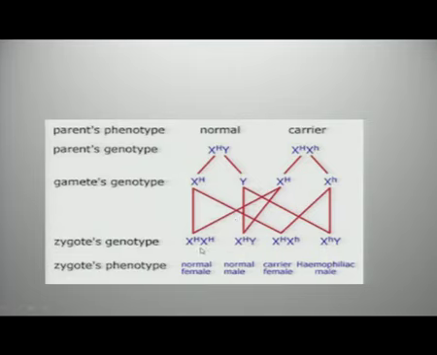One will be normal with both X chromosomes having the normal allele capital H. This will be a female individual and it is normal. And this is a male individual, X and Y chromosome, X with a capital H allele for normal phenotype. You can see both X chromosomes here, one with a capital H and one with a small h allele. This is a carrier female.